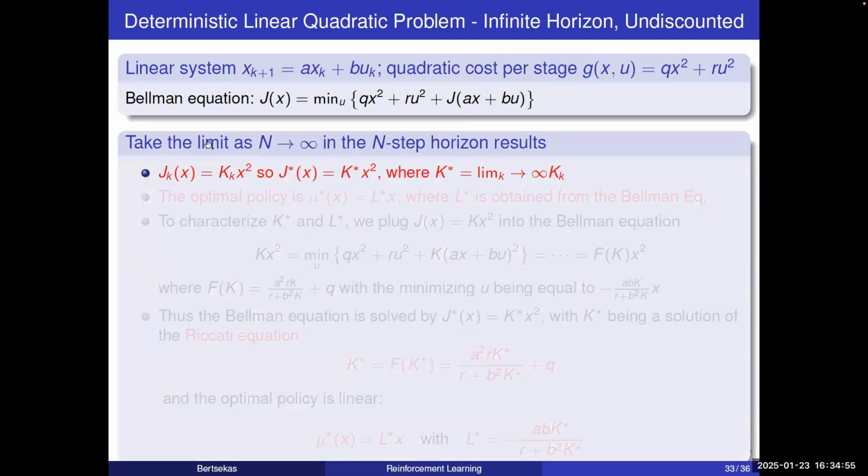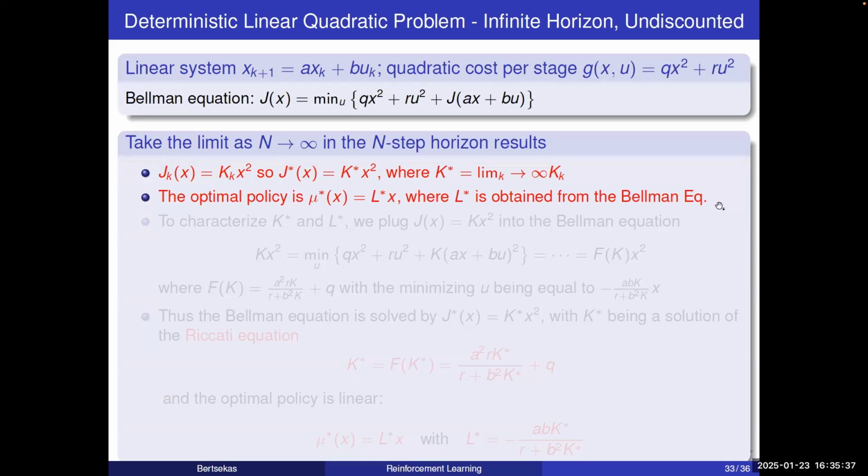So what we said earlier translates to this problem as follows: the optimal cost of the linear quadratic problem involving k stages would be a quadratic function. And the first theorem says that this K_k parameter should converge to K star, where K star is the optimal cost of the infinite horizon problem and satisfies Bellman's equation. And the optimal policy is also linear, where L star is obtained from Bellman's equation.